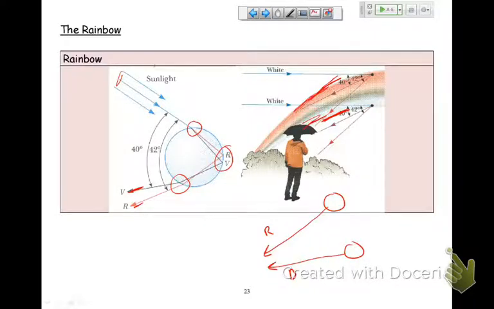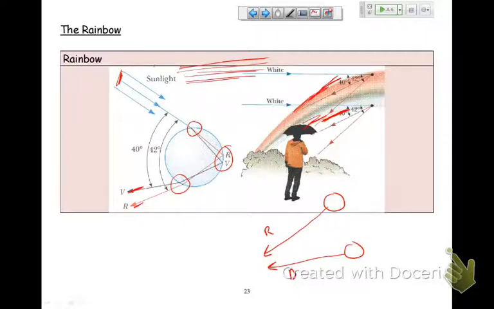You see rainbows when the sun is behind you and it has rained in front of you. So in an afternoon, you will tend to see them when you are driving east because the sun is setting in the west. And in the morning, you would tend to see them in the west because the sun is rising in the east.